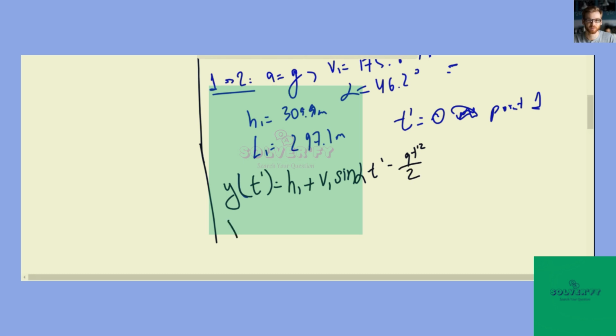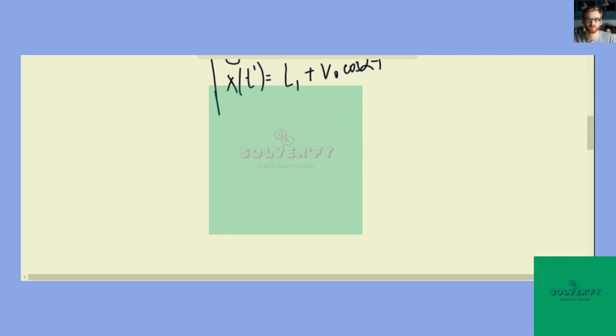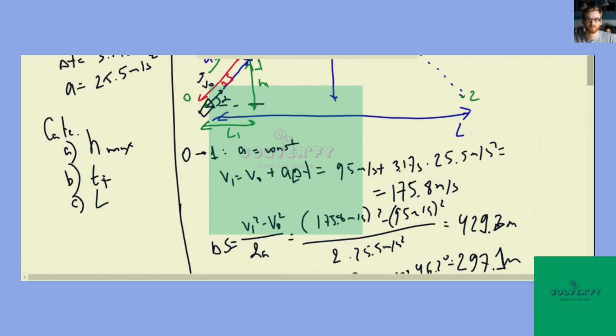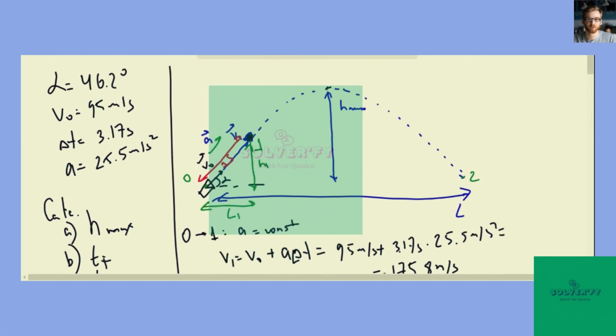And the x coordinate as a function of t prime equals L1 plus v1 cosine alpha t prime, because there is no acceleration in the horizontal direction. Meanwhile, Vy, the vertical component of the velocity, as a function of t prime equals v1 sine alpha minus g t prime.